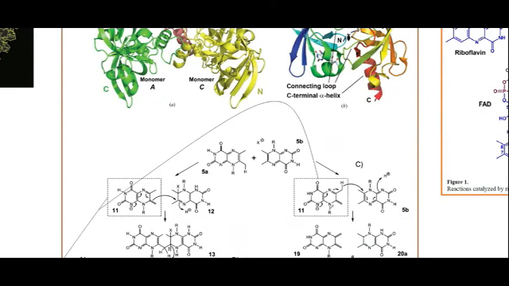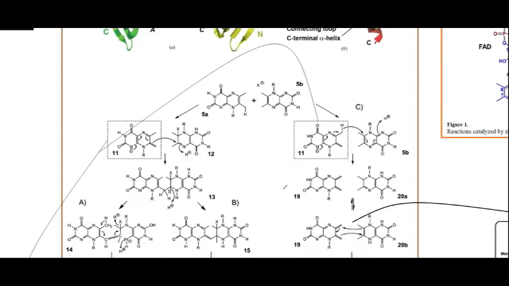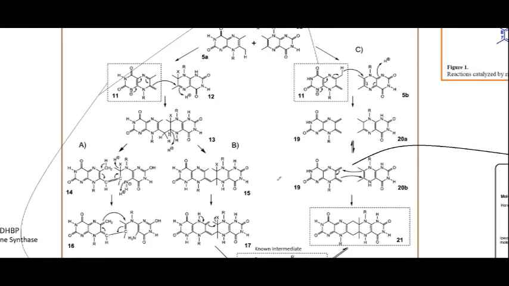And so the riboflavin synthase has several proposed mechanisms here. I'm not going to go through mechanism A because it's known that this is not the right mechanism, because it doesn't go through this intermediate, which has been discovered to be a known intermediate, this pentacyclic structure here.